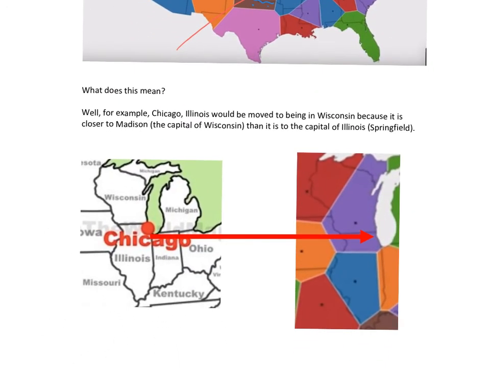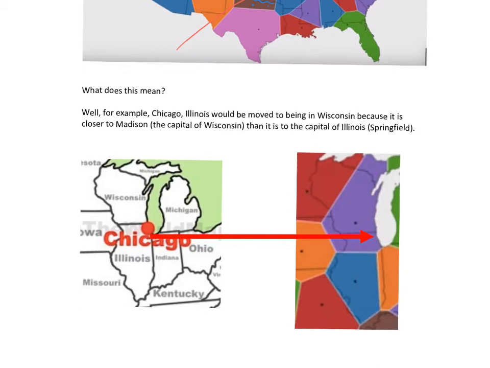All right, so let's take a look at Chicago. So on the left side, I have the original map, which contains Chicago, Illinois. Well, Chicago is in Illinois at present. But if we were to create this Voronoi diagram, where would we actually place Chicago? Well, Chicago, Illinois would now be moved to Wisconsin.